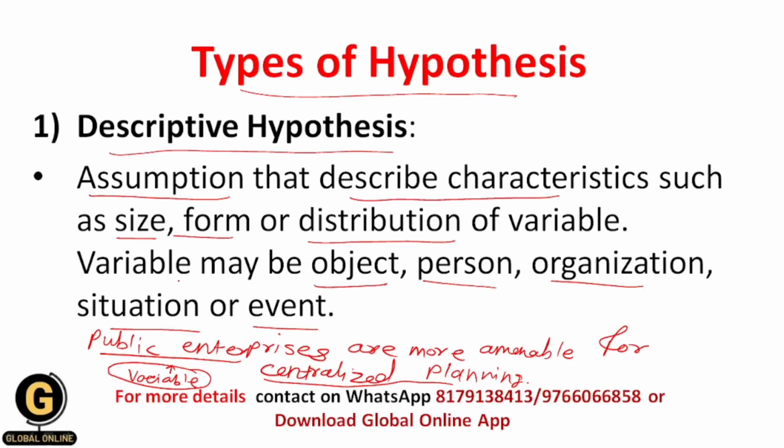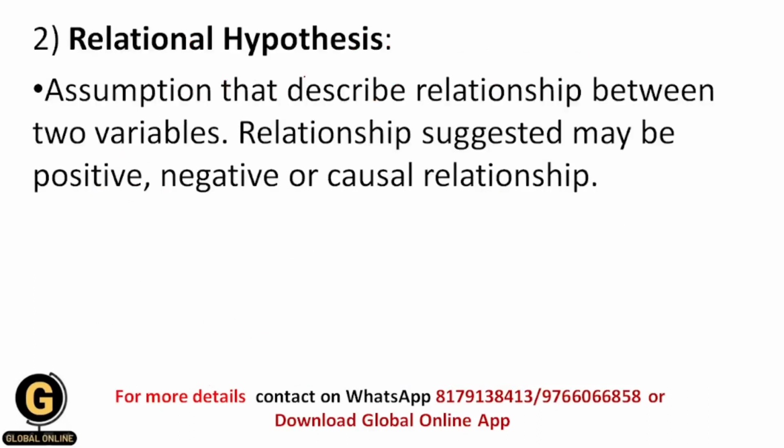Now students, let us see the second type, that is relational hypothesis, which is also called explanatory hypothesis. It is the assumption that describes a relationship between two variables.